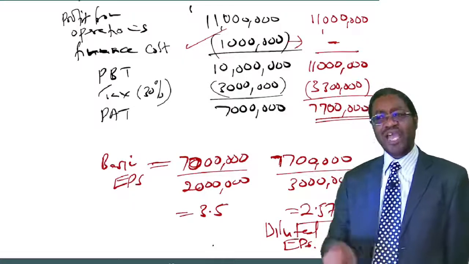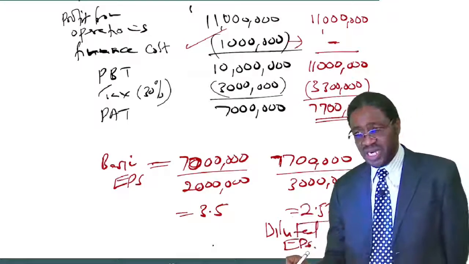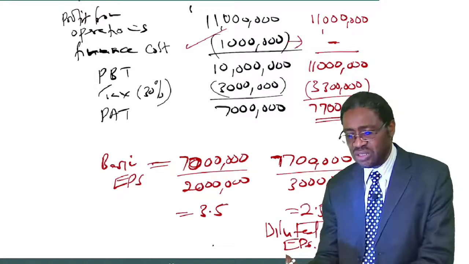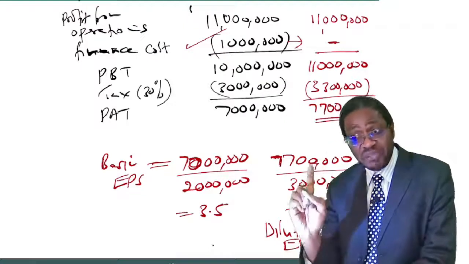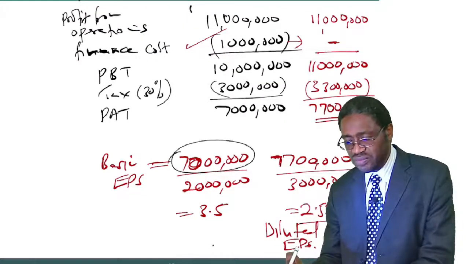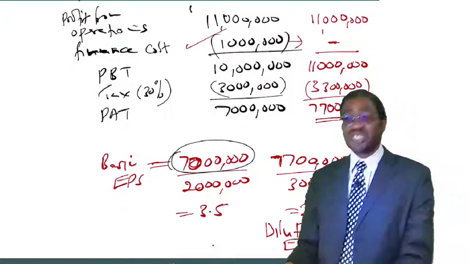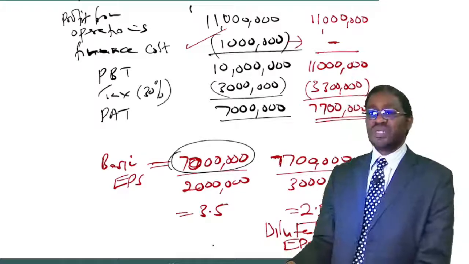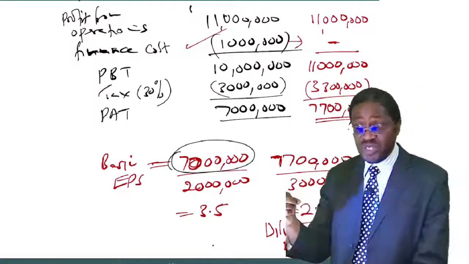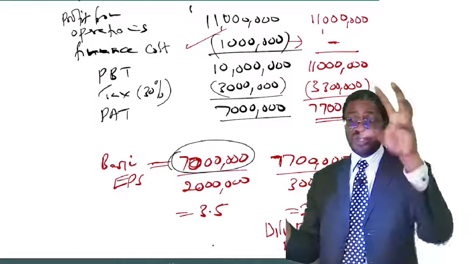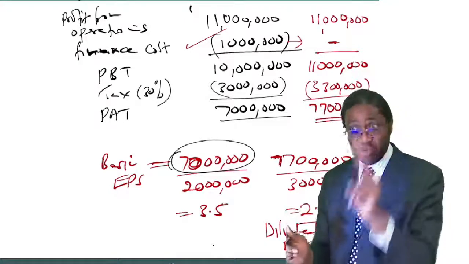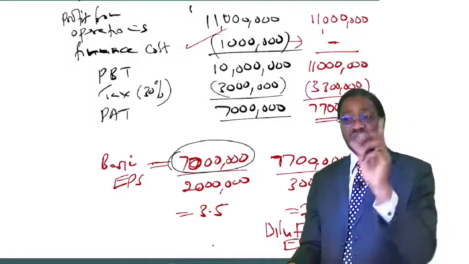I hope you have noticed our basic earnings per share was 3.5. We got it by taking 7 million, which was the earnings attributable to the ordinary shareholders. This company, we are assuming, did not have preference shares, so there was no preference dividend. So it's just profit after tax, divided by the weighted average number of shares, which is 2 million. That gives me 3.5.